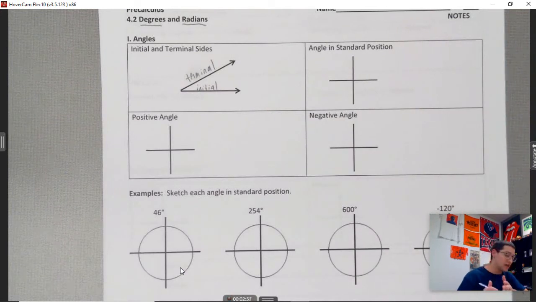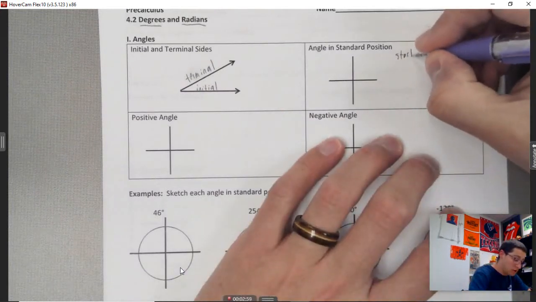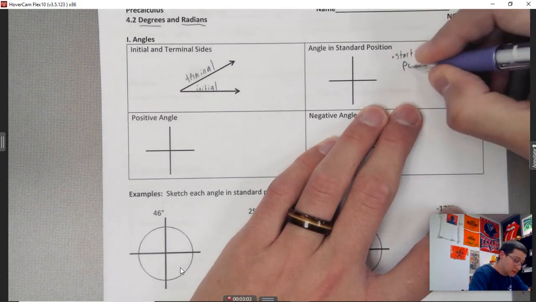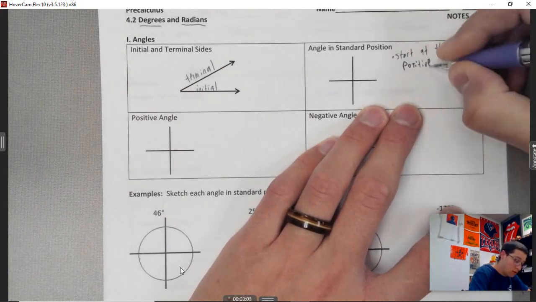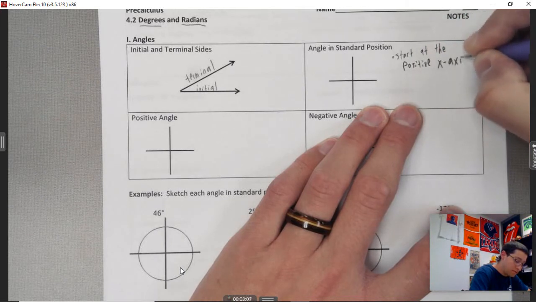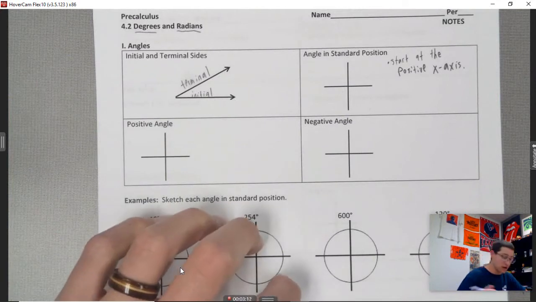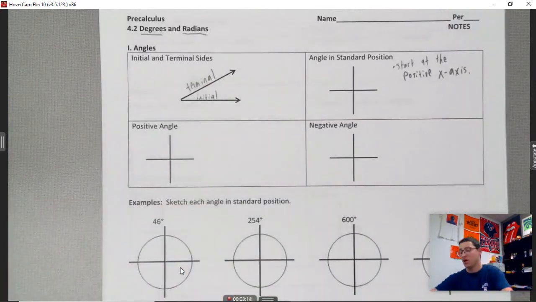So angles in standard position, really the only requirement is that they start at the positive x-axis, similar to what we had here. Very simple, just double checking I'm not missing anything.